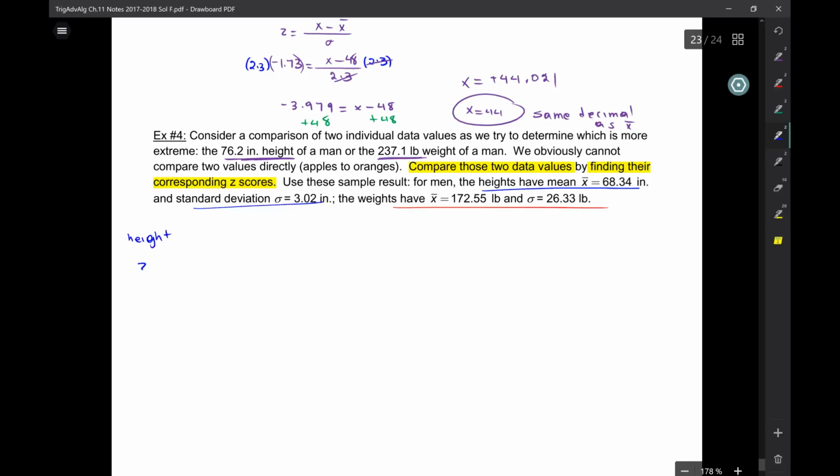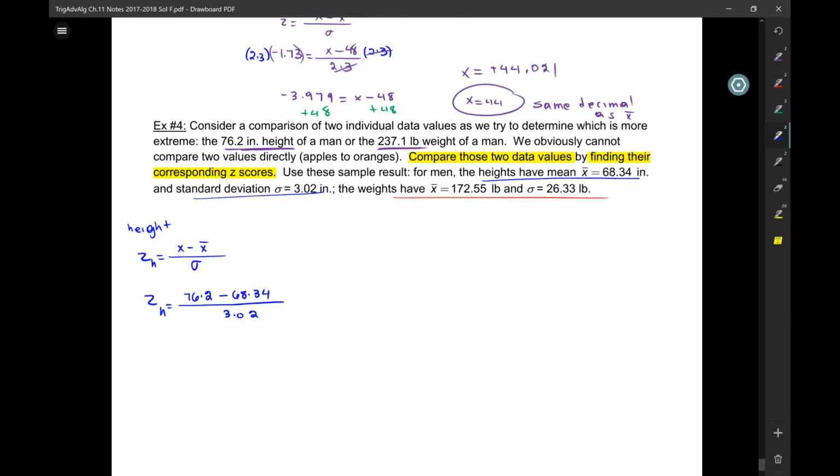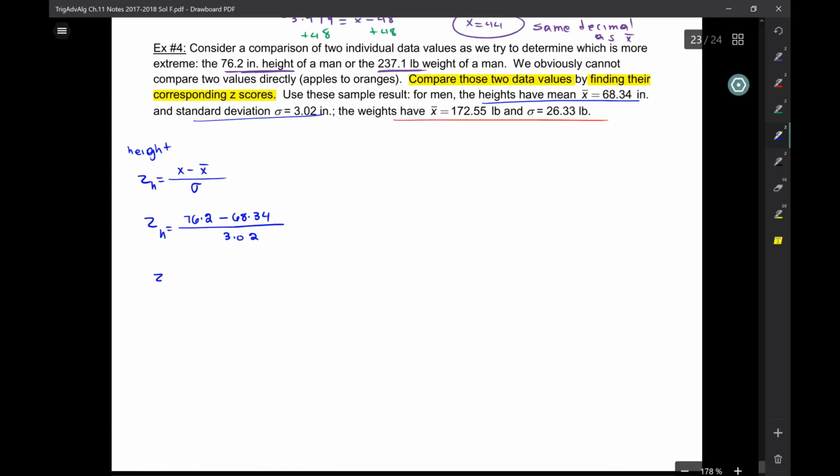All right, and what I'm going to do is ZH, and that's going to be x minus x bar over sigma. So ZH is going to be 76.2 minus 68.34 over 3.02, and that's 2.60.